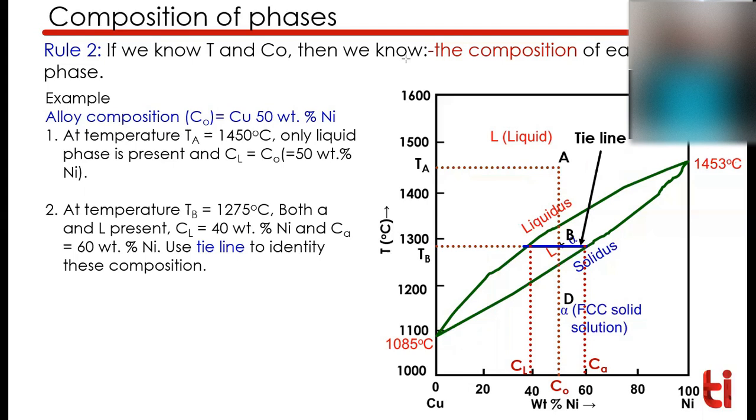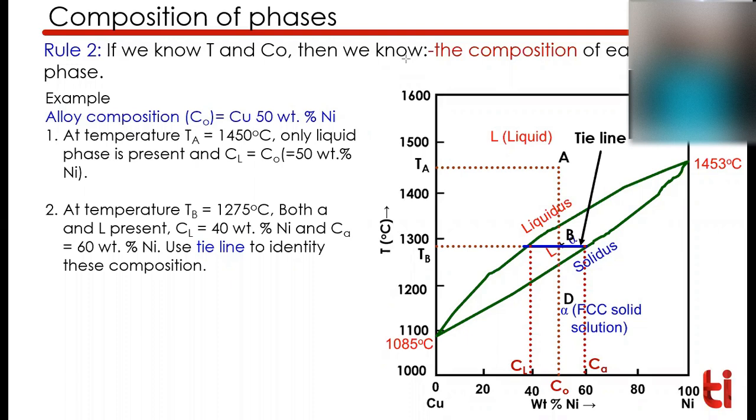So when it is solidifying, nickel will solidify first, because copper will solidify below. So just remember here, nickel has melting point 1453 degrees Celsius. Copper has 1085 degrees Celsius. Now when it is cooling down, which atom will start freezing first? Nickel.